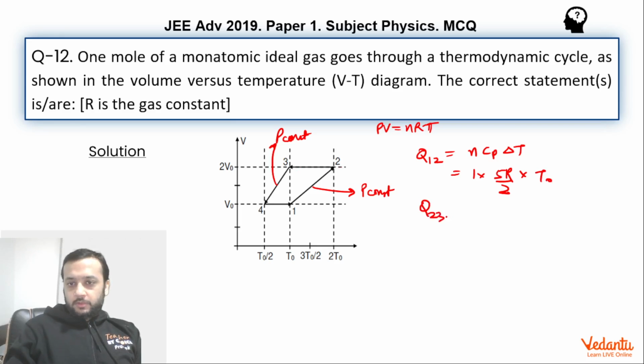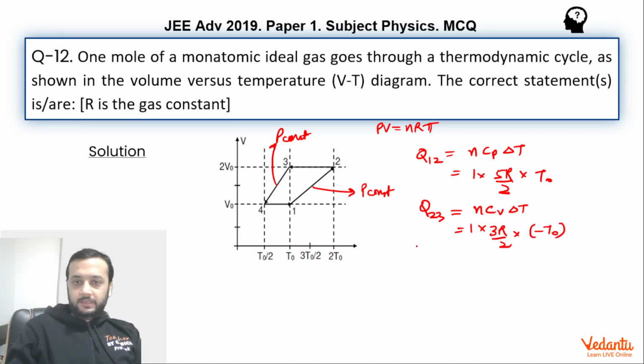Q23, if we talk about, what will be the value of Q23? Q23 is simply again n Cv delta T. n is 1, Cv for monatomic is 3R/2. Delta T will be T naught minus 2 T naught, that means minus T naught, right?